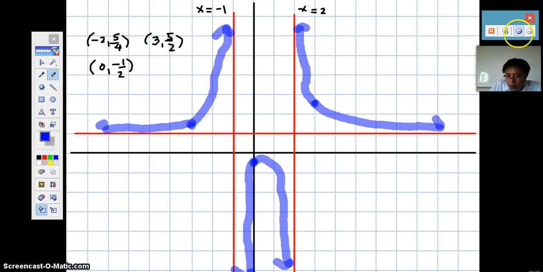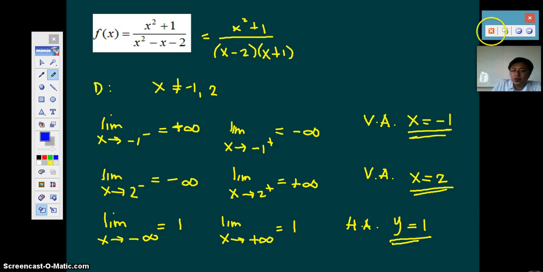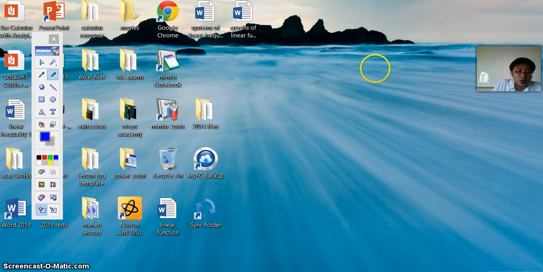Now I want to show you the exact graph of the function using the Microsoft Mathematics add-in graphing tool so that you can check.